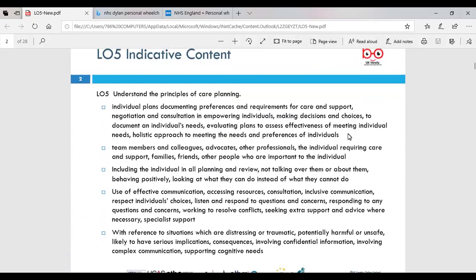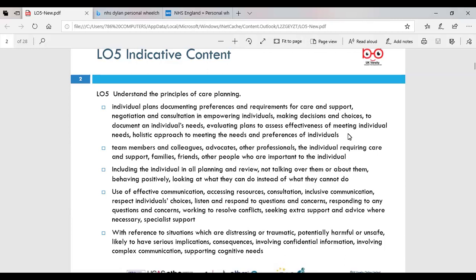They make their decisions and choices in order to document the individual needs. You evaluate plans to assess the effectiveness of meeting individual needs. It's a holistic approach to meeting the needs and preferences of individuals.